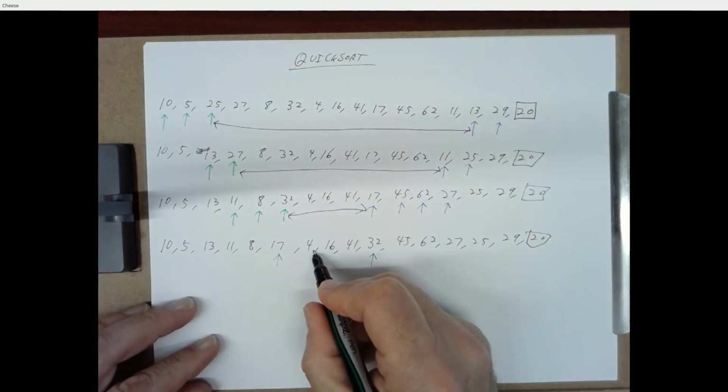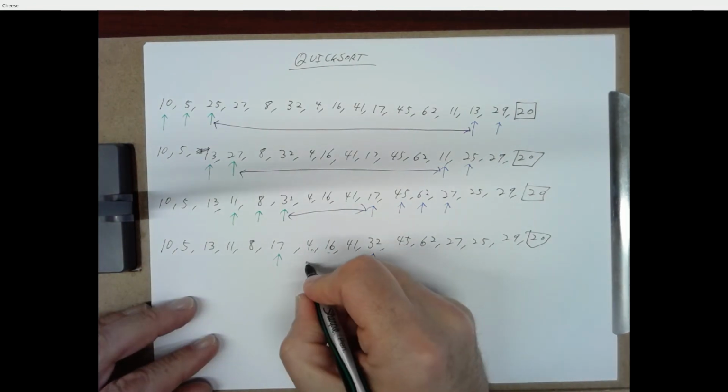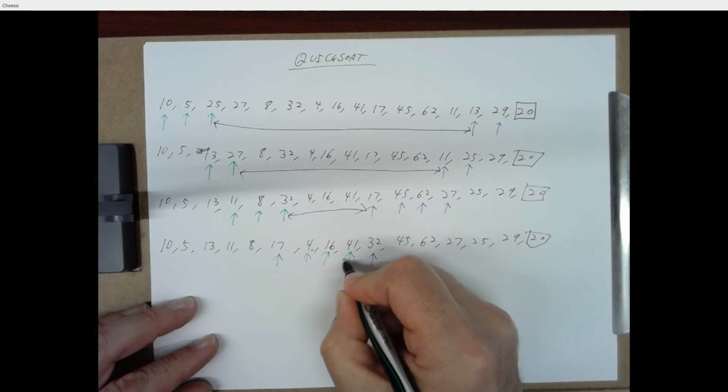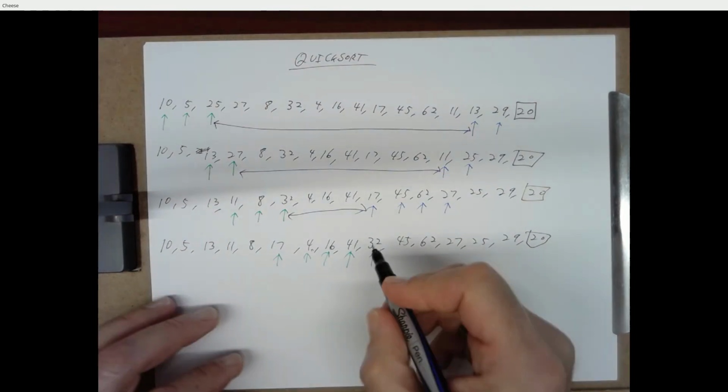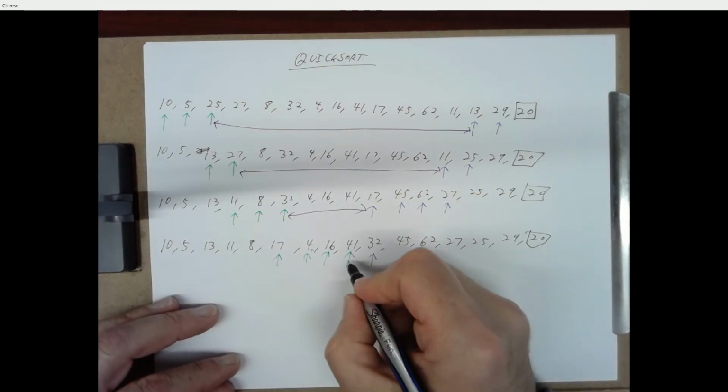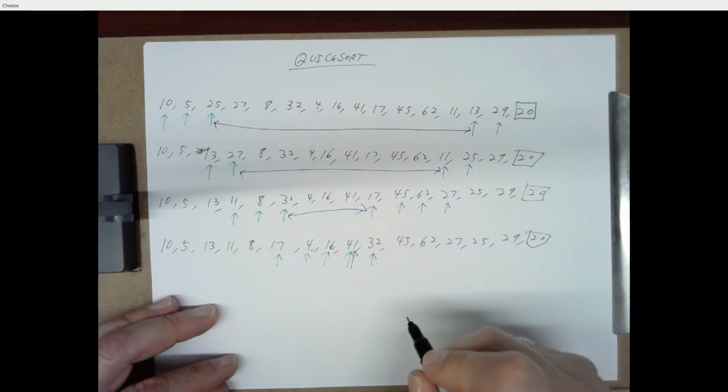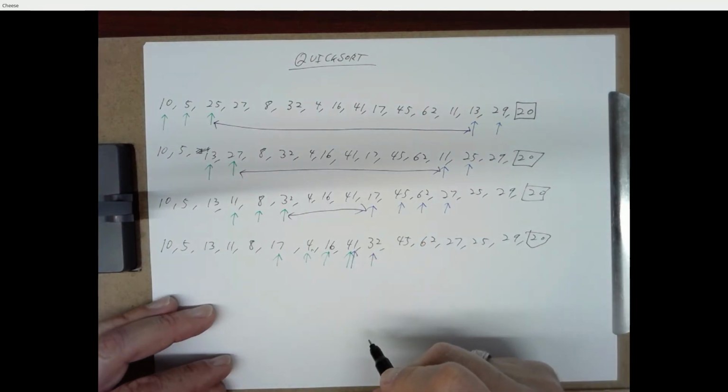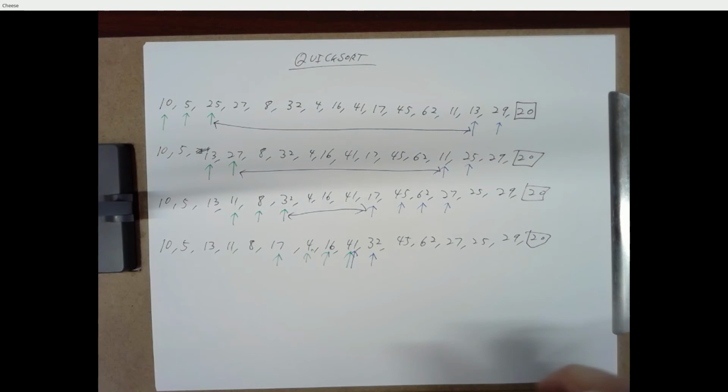All right, 4 is smaller than 20, 16 is smaller than 20, 41 is too big, 32 is bigger, that's fine, you come over here, 41 is bigger, that's fine, but now our arrows have met, so this process stops.